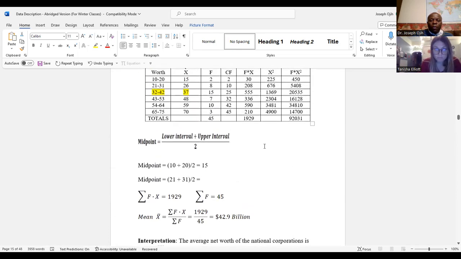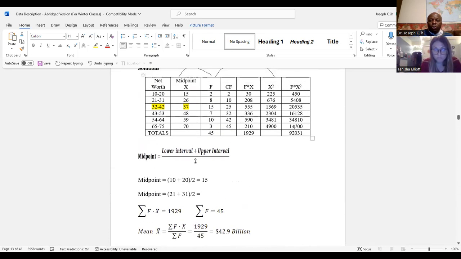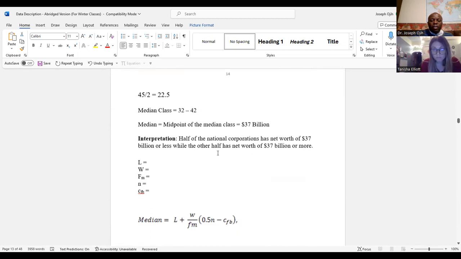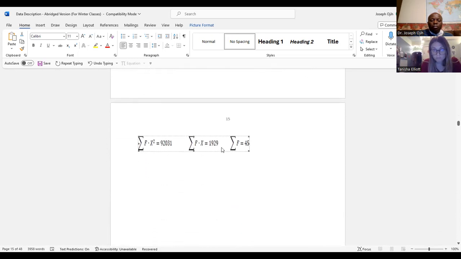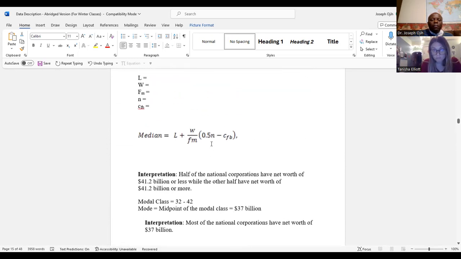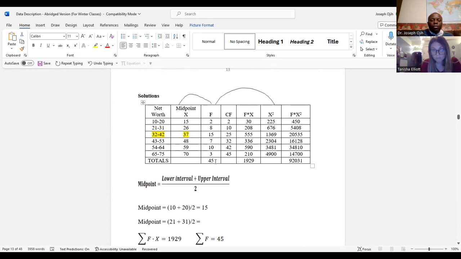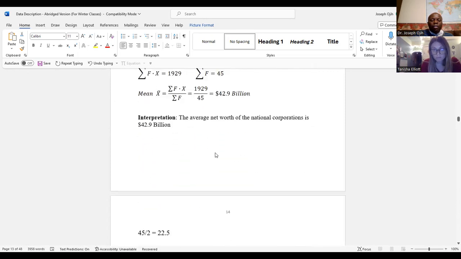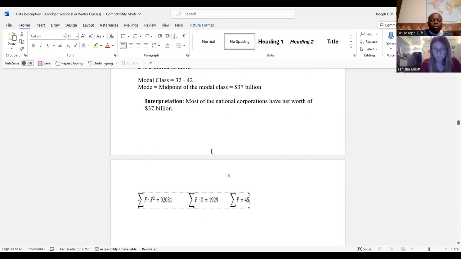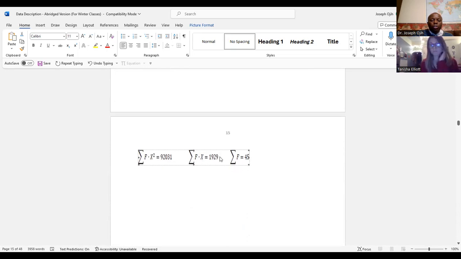You can see that I showed how I got it on the table. And the sum of f times x is this one. I wrote it down. And the sum of the frequency, sum of f, is 45, and I wrote it down here. So these are what we need to find the variance and standard deviation.